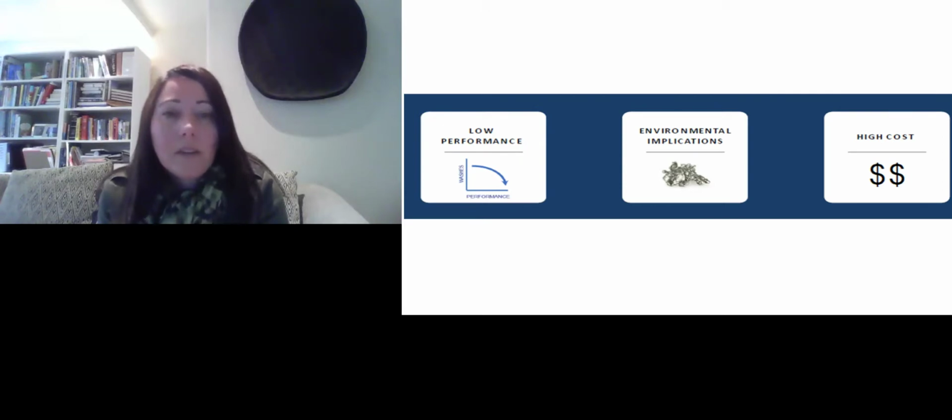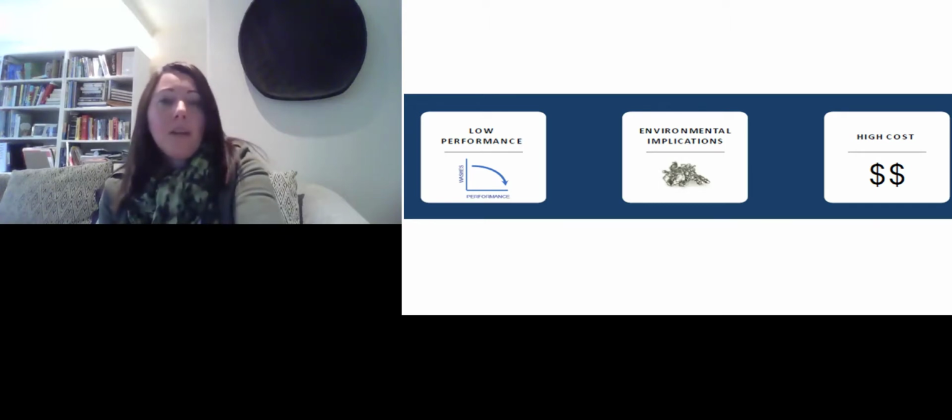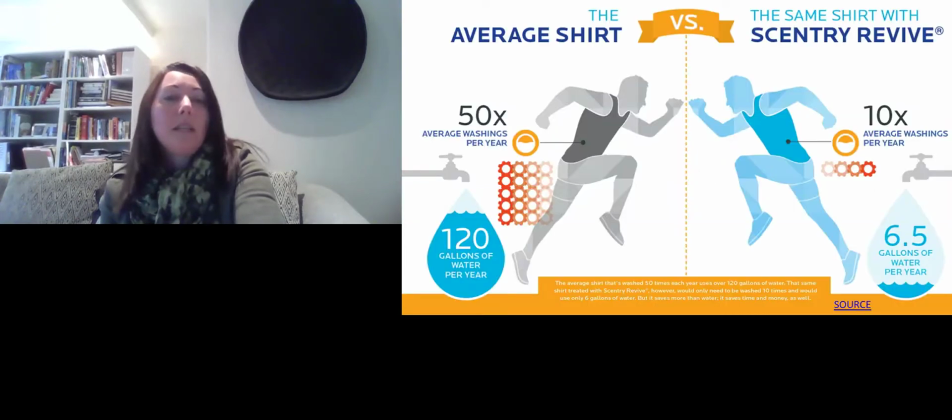And there's tons of testing, and that's kind of another topic as far as that. But thinking about what are the environmental implications of what you're choosing to use, and then of course, what are your cost factors.